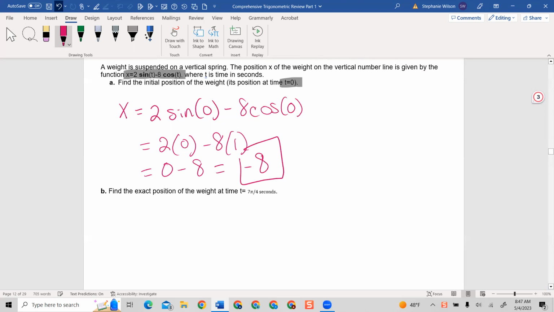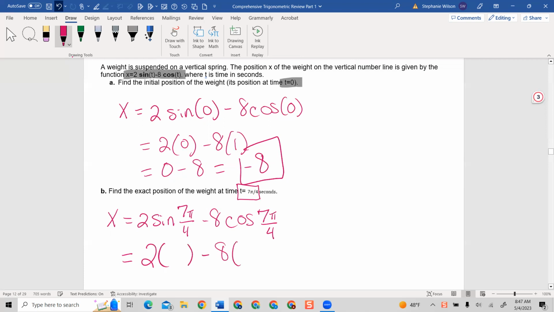The next one said, what if time was 7 pi over 4? So make sure your calculator is in radians. I'm going to take x equals 2 sine of 7 pi over 4 minus 8 cosine of 7 pi over 4. Some of you may already know what sine and cosine of 7 pi over 4 are because of the unit circle.